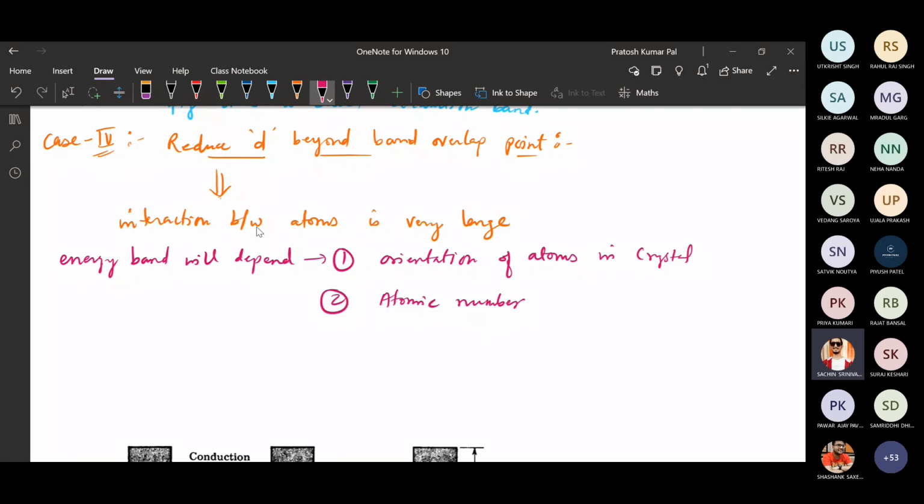These atomic numbers will basically determine the electrical contribution of the atom.